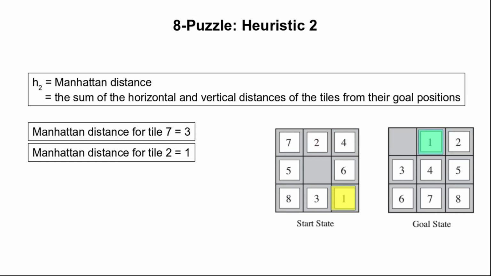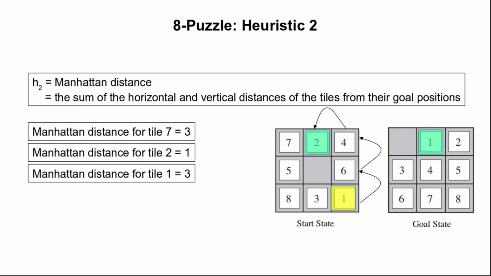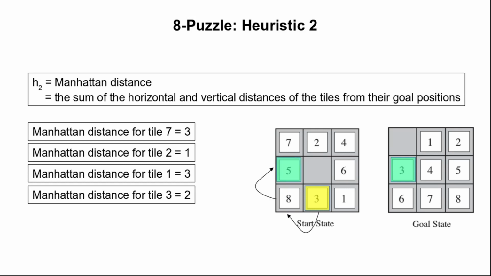Similarly for tile 1, in the start state it is present in the third row third column, whereas its correct position is first row second column, and hence to move tile 1 to its correct position we have to make 2 moves in the vertical direction and 1 move in the horizontal direction, and hence the Manhattan distance for tile 1 is 3. For tile 3 similarly, we need to make 2 moves to take tile 3 to its correct position, and hence the Manhattan distance is 2.